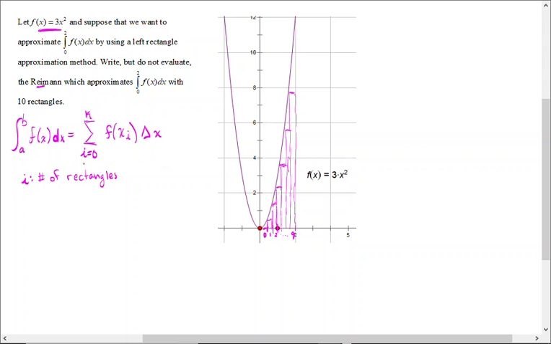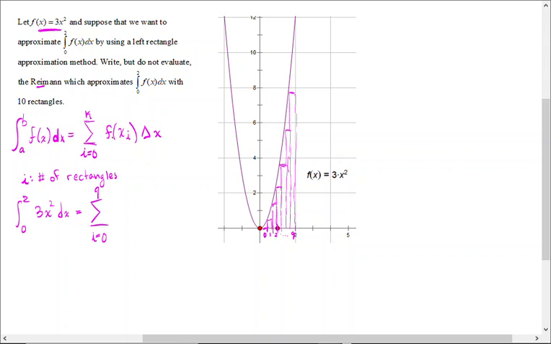So if I were to write the integral, in this case, it's the integral from 0 to 2 of 3x squared dx. So then I'm going to turn that into a Riemann sum. So summation symbol, I equals 0 up to 9.